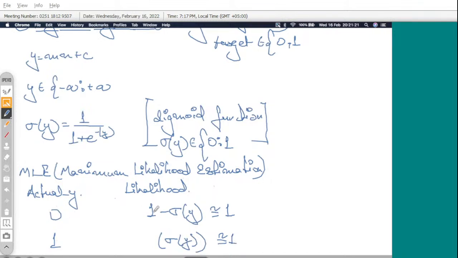And if there is no disease, 1 minus sigmoid y should be approximately equal to 1. In the actual target, if the patient has the disease, sigmoid y should be approximately equal to 1, and if there is no disease, 1 minus sigmoid y should be approximately equal to 1. Easy. Now this is clear: 1 minus sigmoid y and sigmoid y.